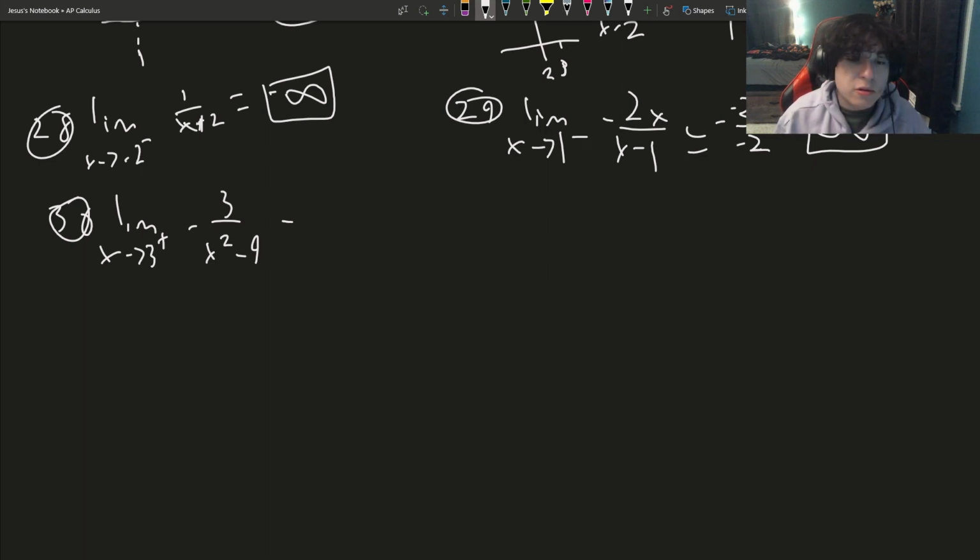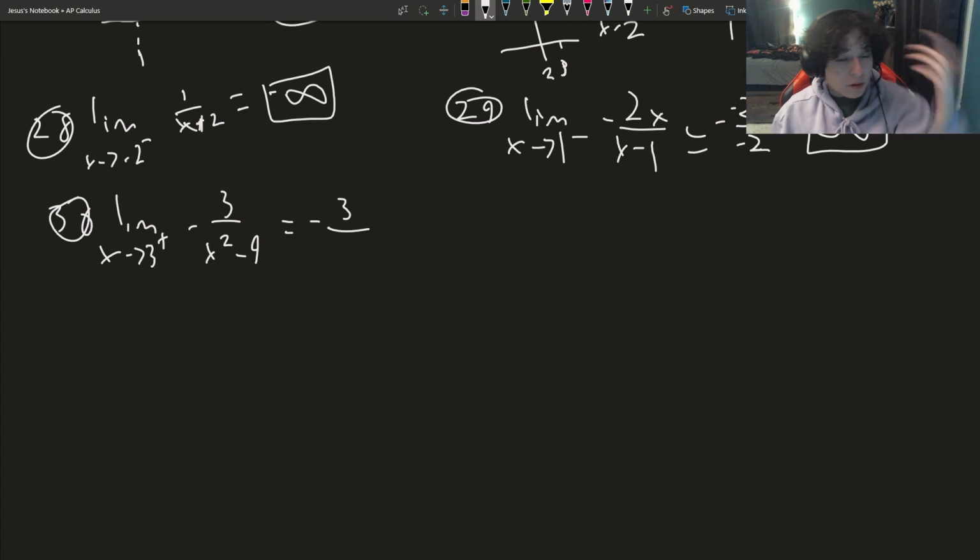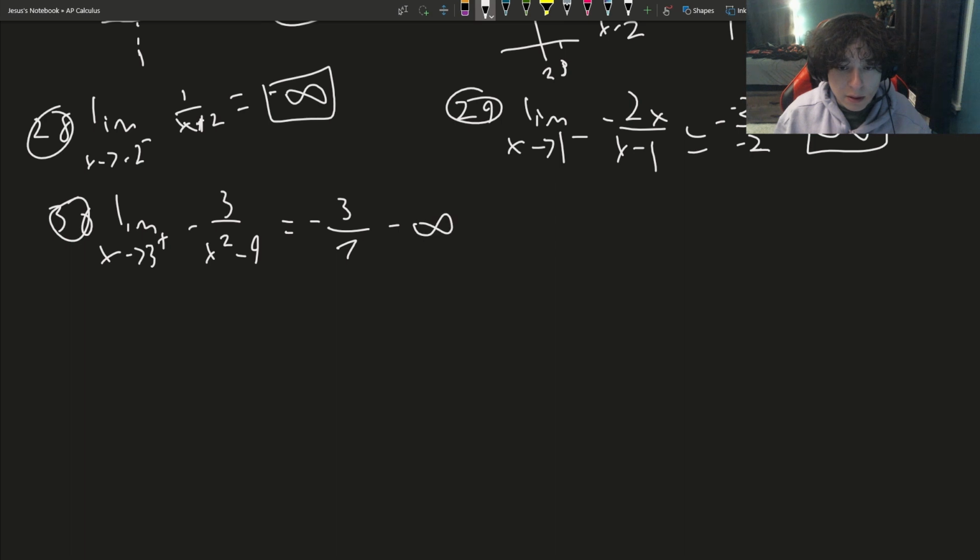We have a difference of squares here, but you can't do anything with it. So from the right, you could just plug in 4. Because it's coming from the right, any numbers greater than 3, like 4, it would be 16 minus 9, which is just 7. But since it is a negative number, that means it would be approaching negative infinity.